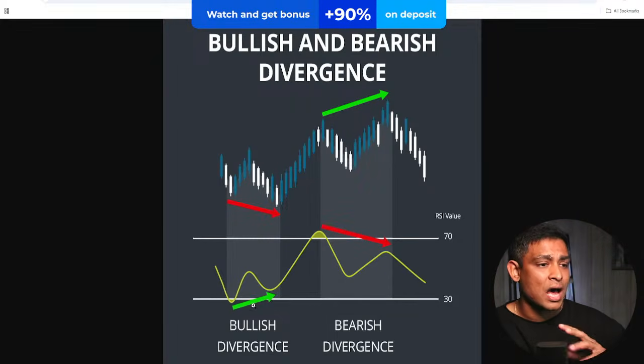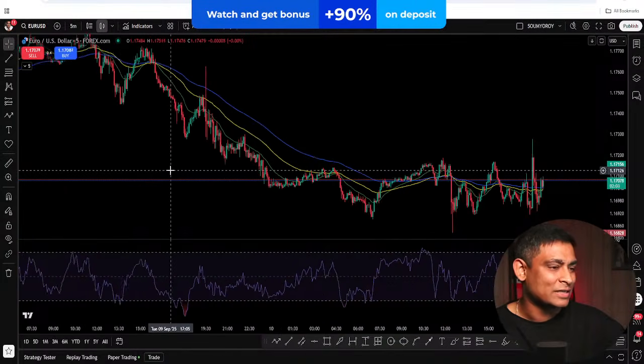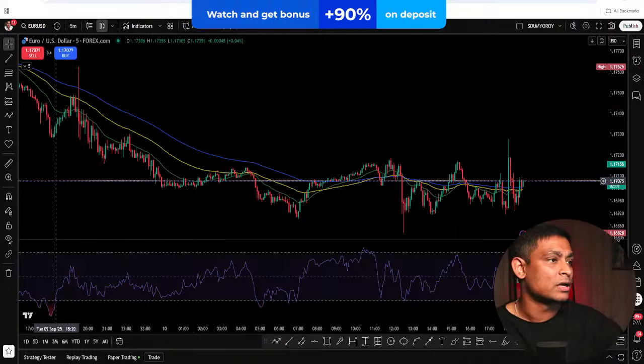So this is how the RSI will look, uphill momentum, and a downhill we will see on the price action. Let me explain what exactly I am talking about.